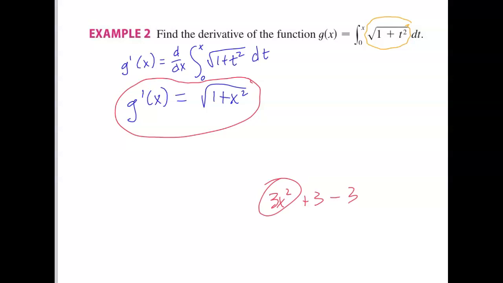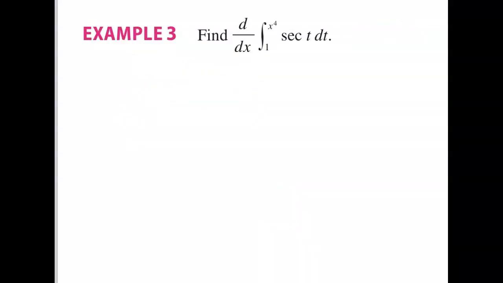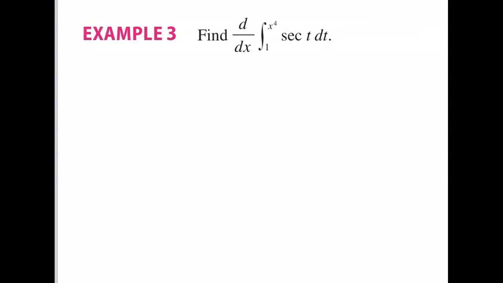All right. This can get a little bit more complex, though, when we're taking the derivative of a composite function. On the last one, our input, g of x, our input was just x, right? On this one, what's our input? X to the fourth.